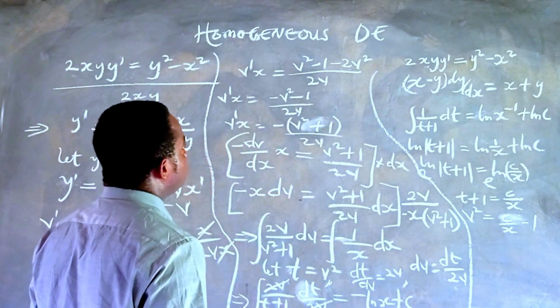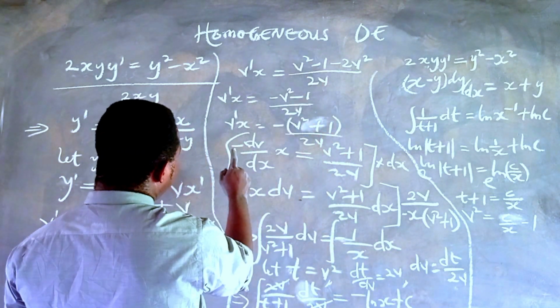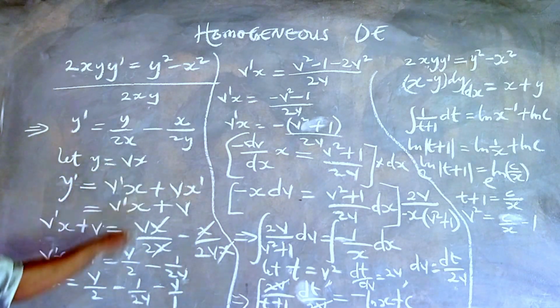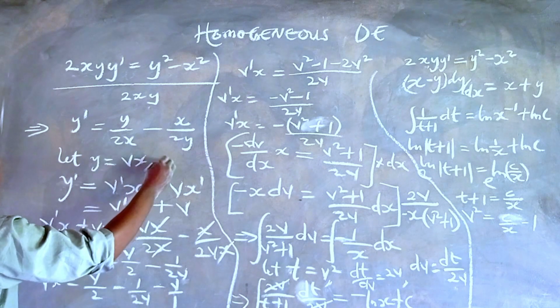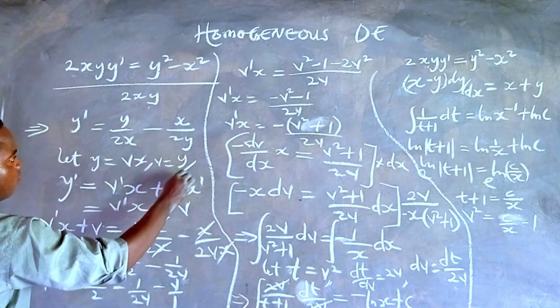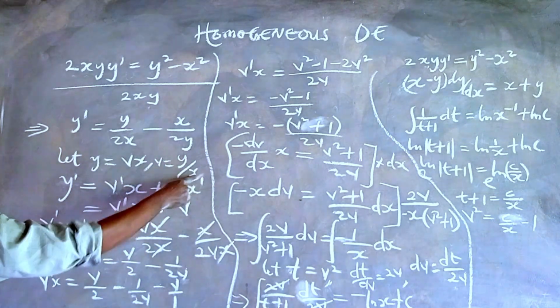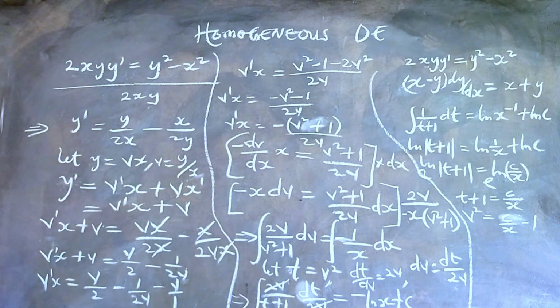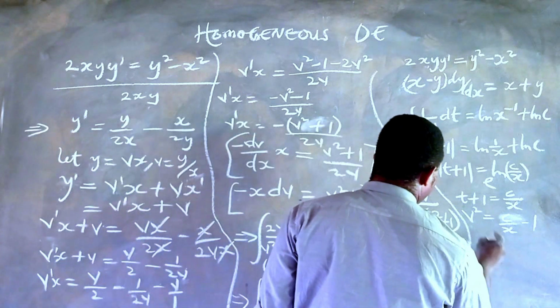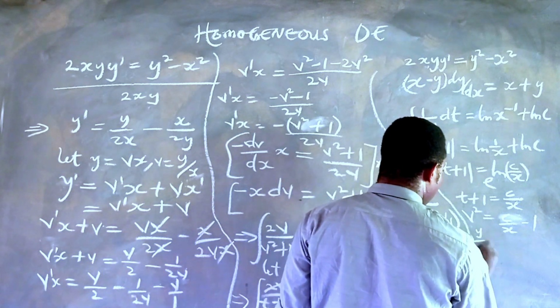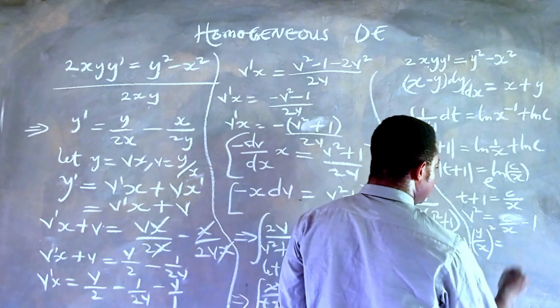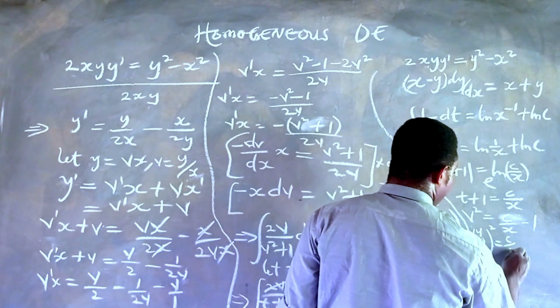At this point, you will notice that we have y equal to vx, so v will be equal to y all over x. I am going to put y all over x anywhere I have v at this point. So we have y all over x, raised to power 2, is equal to c all over x minus 1.